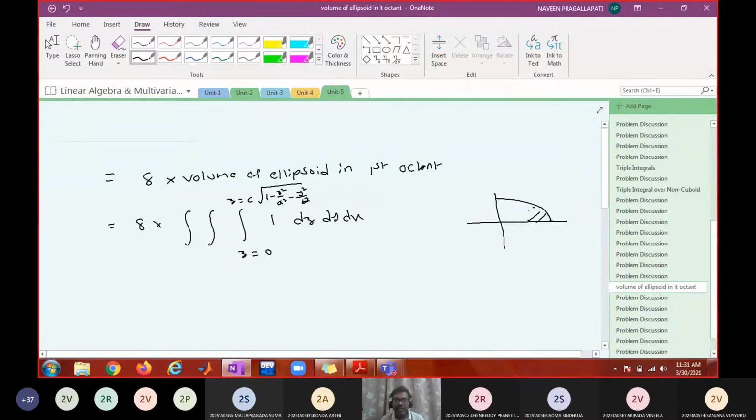It is only 1/4 of the elliptical region. When you draw a line parallel to the y-axis, it starts from the x-axis and leaves through the ellipse. This ellipse equation is x square by a square plus y square by b square equal to 1. So y varies from 0 to b into root of 1 minus x square by a square, and x limits are going to be 0 to a. Is this fine?